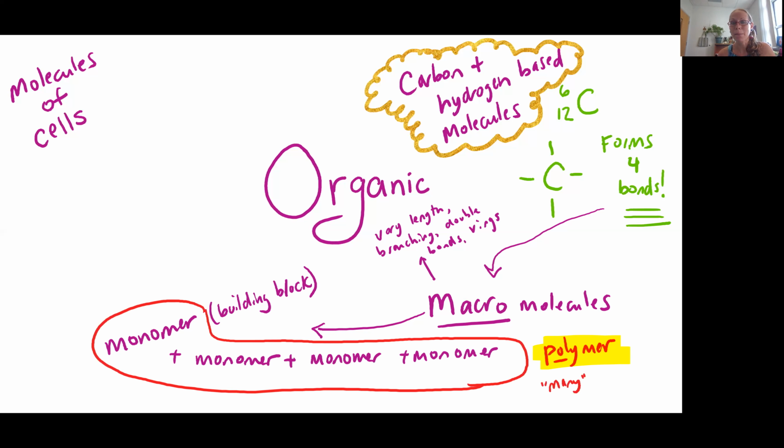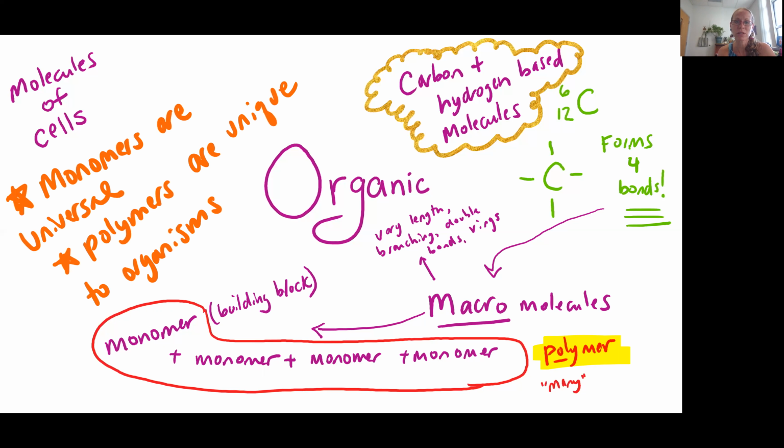The prefix poly means many, so a polymer is when you have many monomers connected together. So in order to get a macromolecule, a really big molecule, you need to have monomers linked together. And that's what we're going to be looking at as we progress.